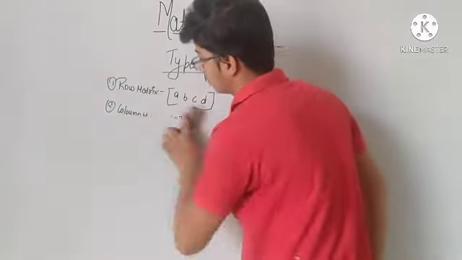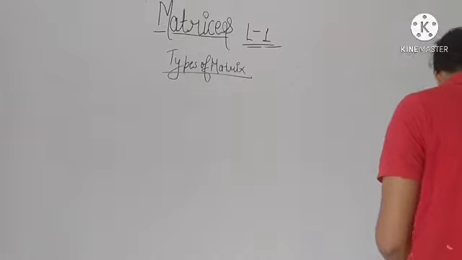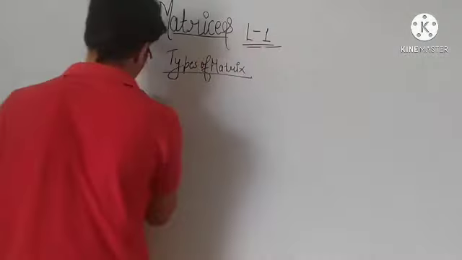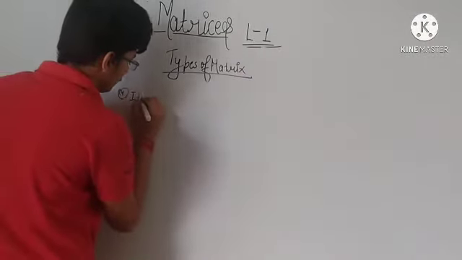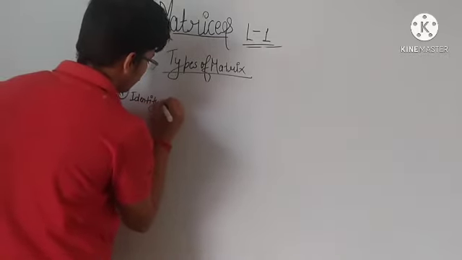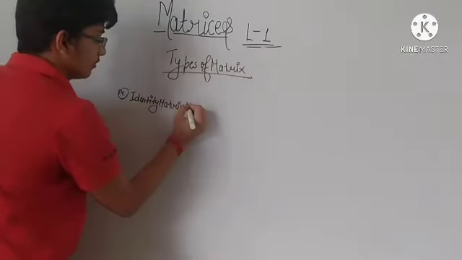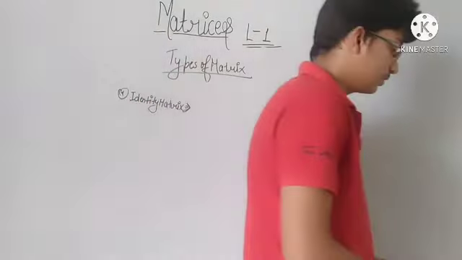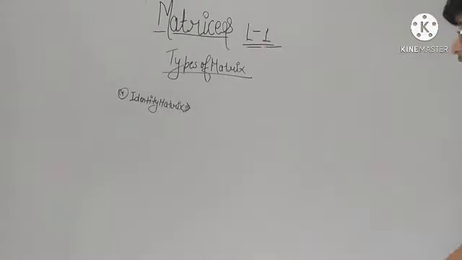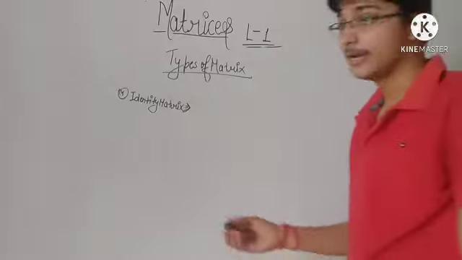now move to the next type, which is the identity matrix. What is an identity matrix?